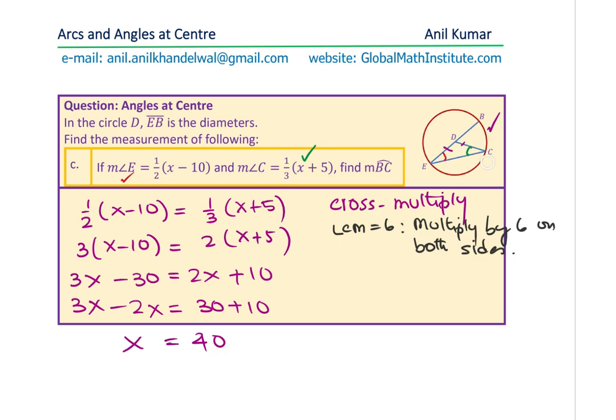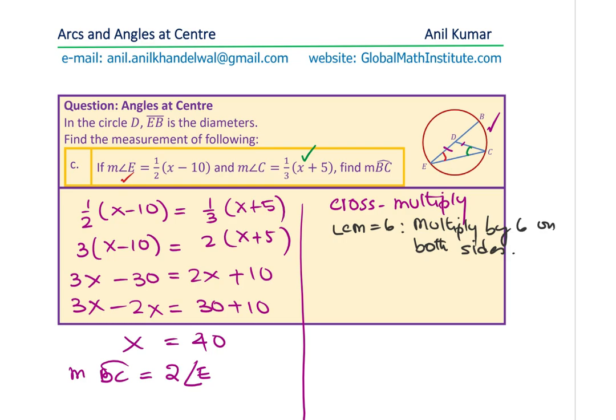We need to find what is BC. Now clearly the arc BC will be equal to twice the angle E, right? So we know that the measurement of arc BC is equal to twice the angle E. To find angle E, I will substitute here.